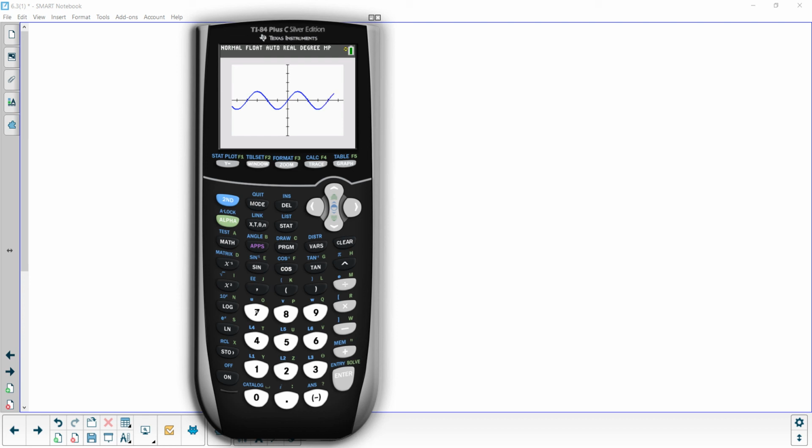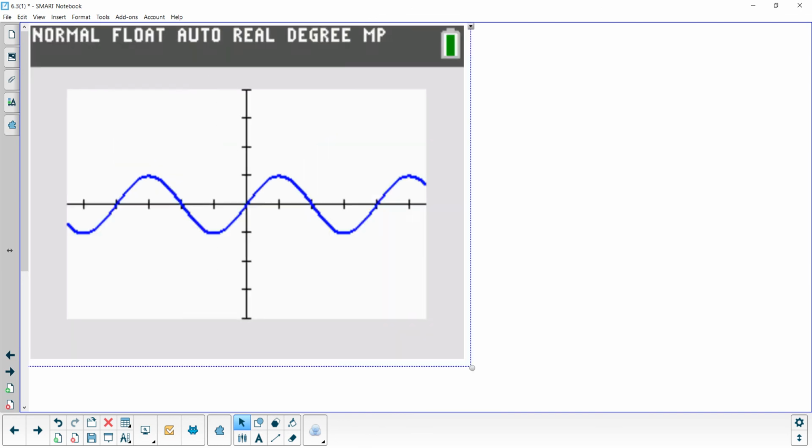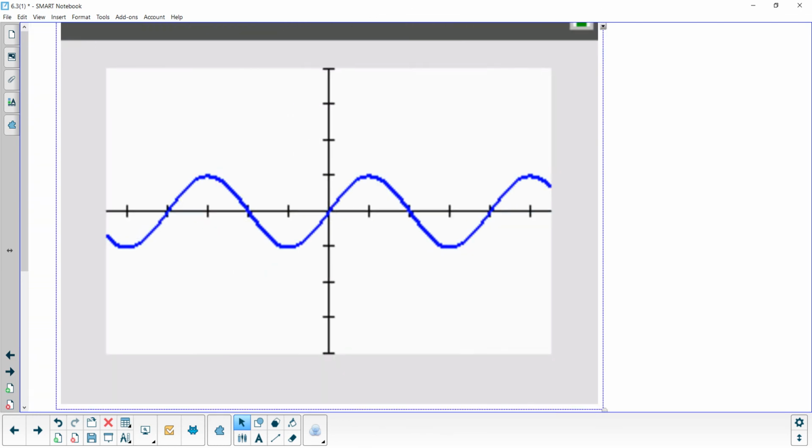So what we're looking at there is what we call several cycles of sine, or several periods of sine. One full period would basically be defined to be between here and here. What I just traced in green, that's one full cycle of sine.